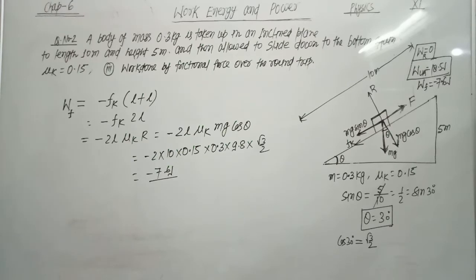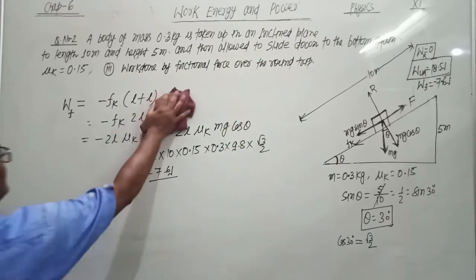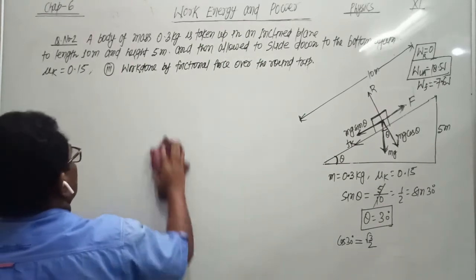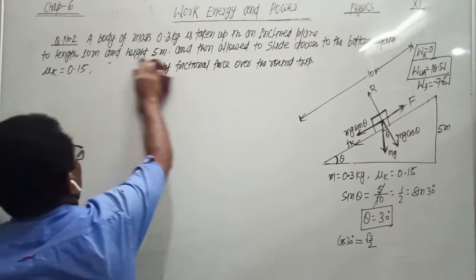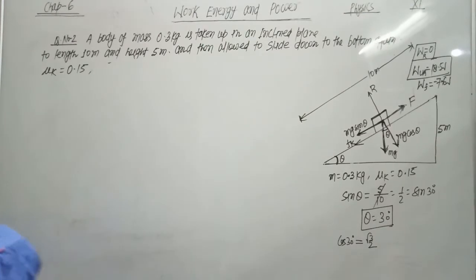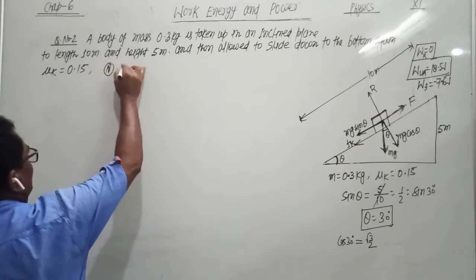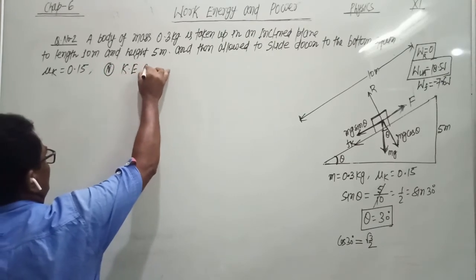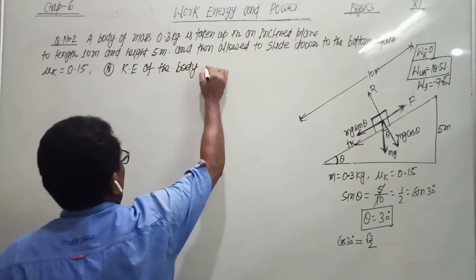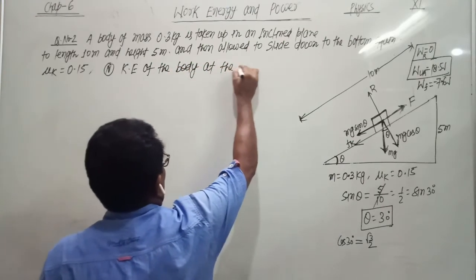Now the fourth part we discuss. The fourth and last part of this question is to find the kinetic energy of the body at the end of the trip.